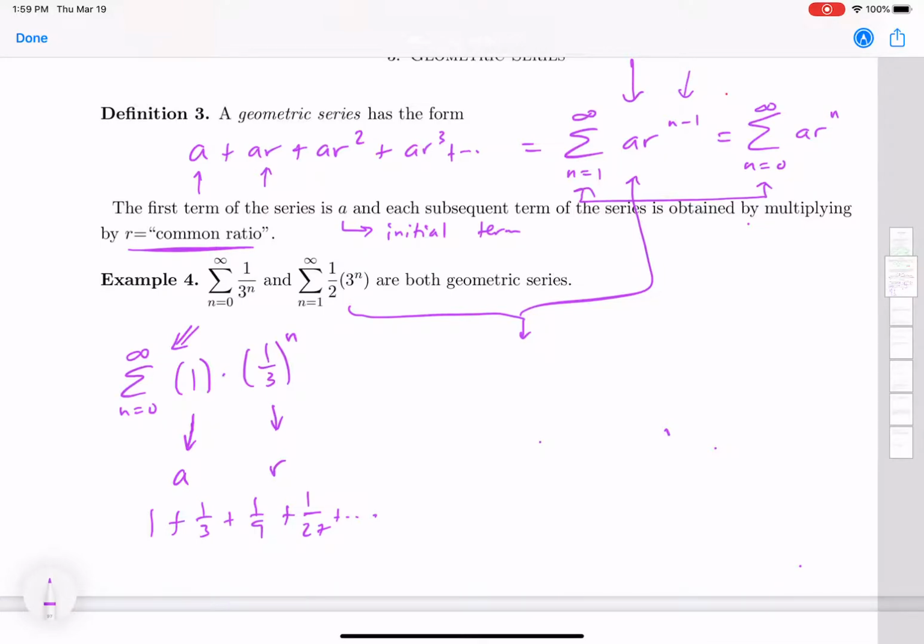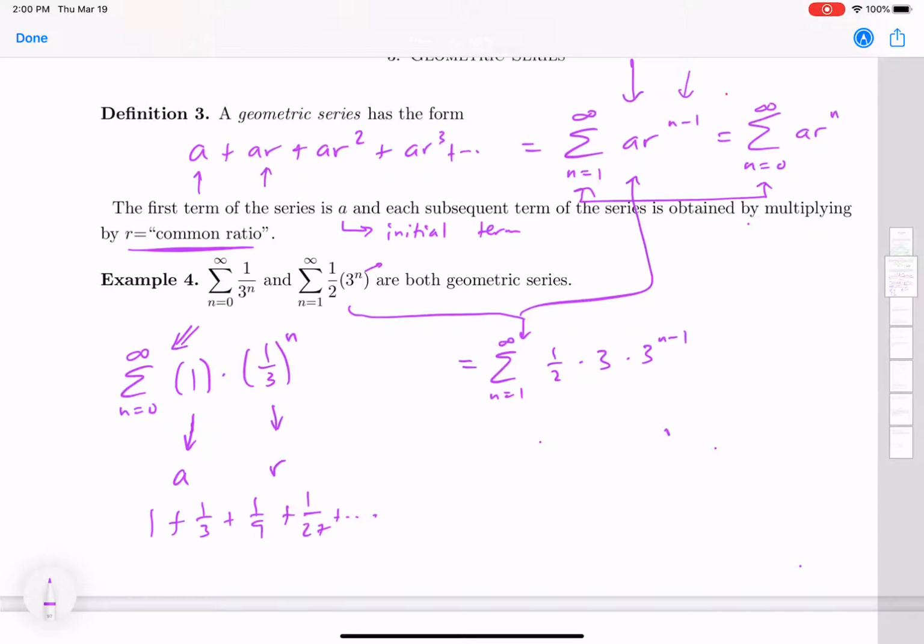The problem is that this 3 to the n here is not a 3 to the n minus 1. If we wanted to make it look like that, we'd have to modify it, and I guess factor out a 3. So sum to infinity, n equals 1, 1/2 times 3 to the n minus 1.